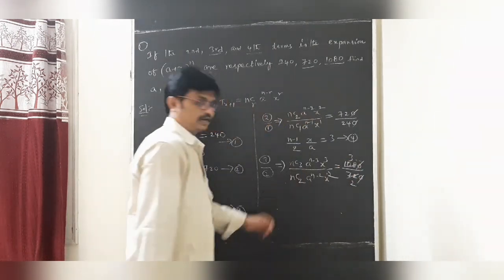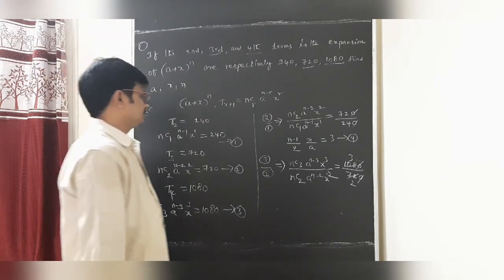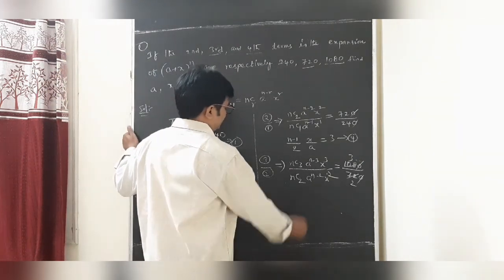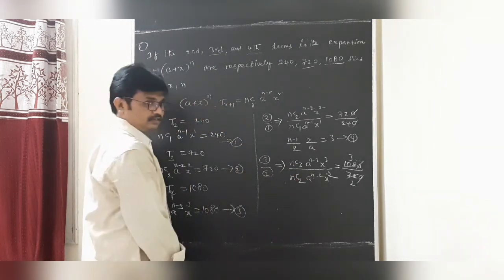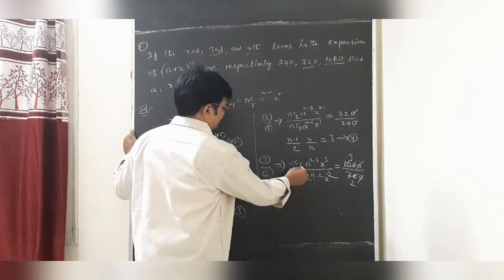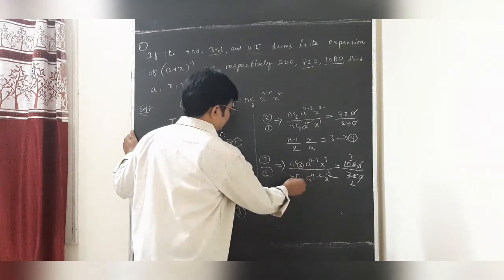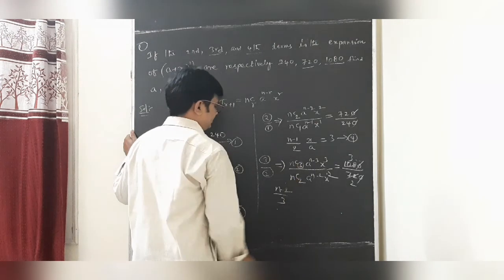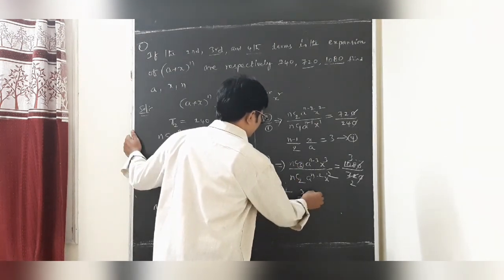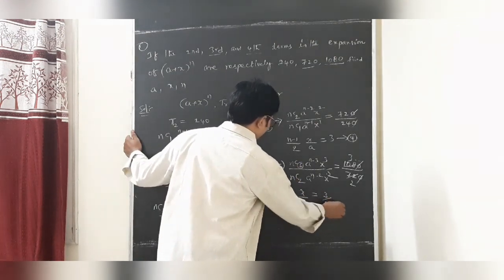My dear students, right now we observed this is nC3 by nC2. Now we can write nCr by nC(r-1), so here (n-2) by 3, times x by a, equal to 3 by 2.